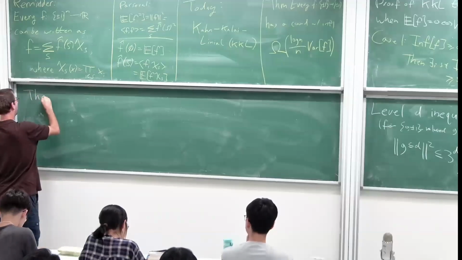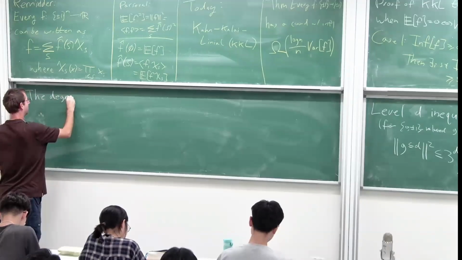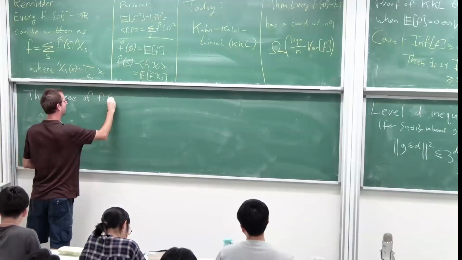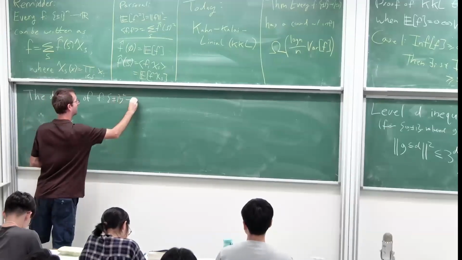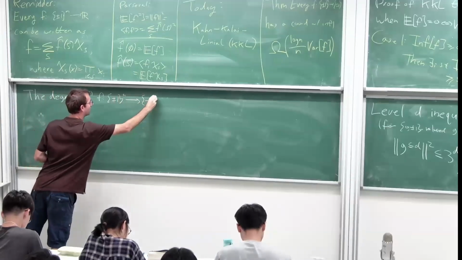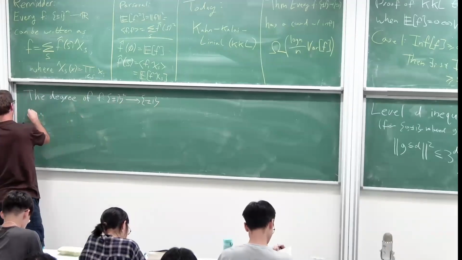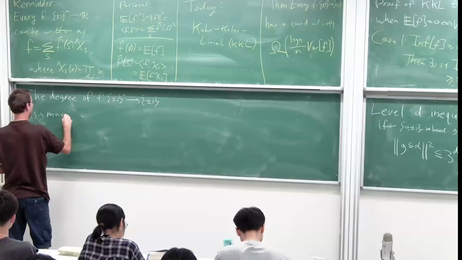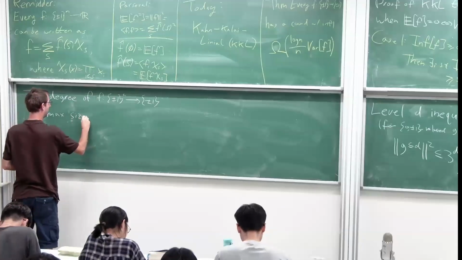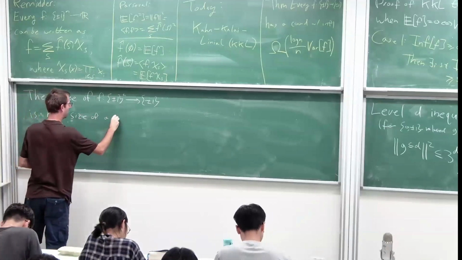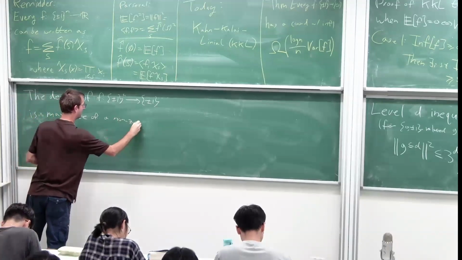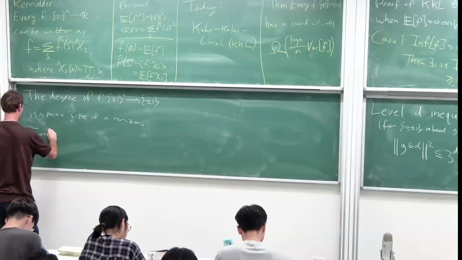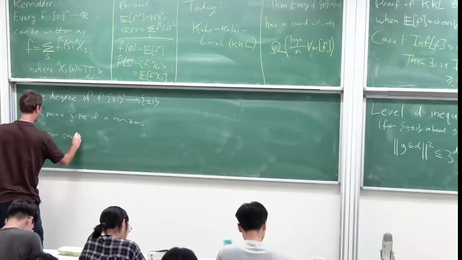The degree of a function f from plus minus 1 to the n to plus minus 1 is the maximal size of a non-zero Fourier coefficient.